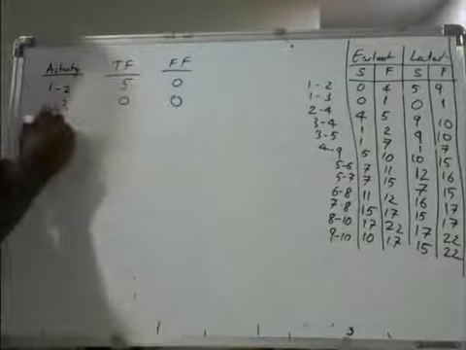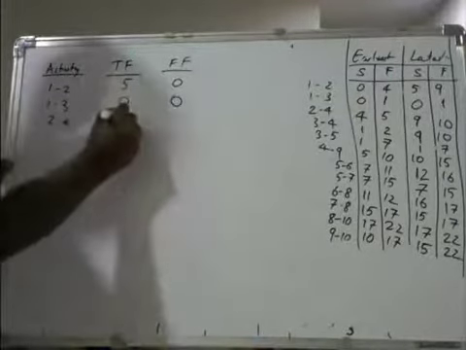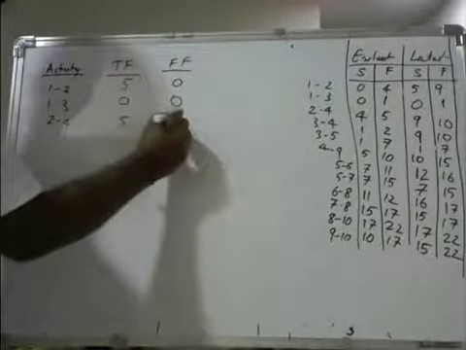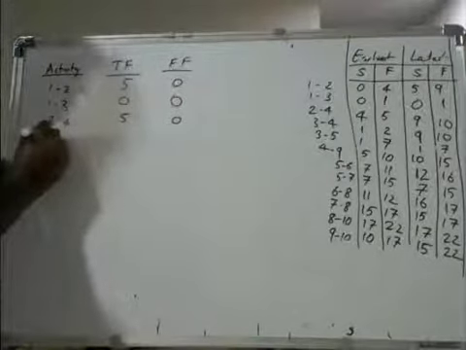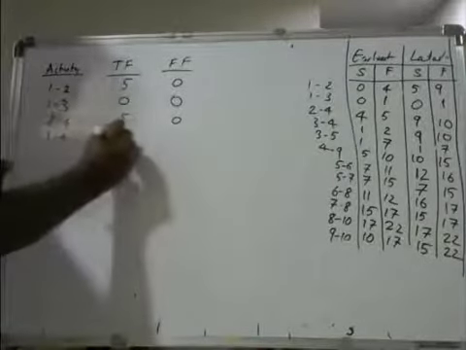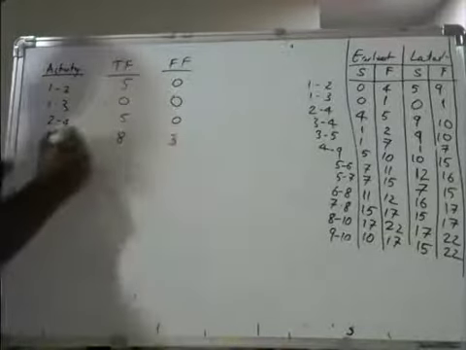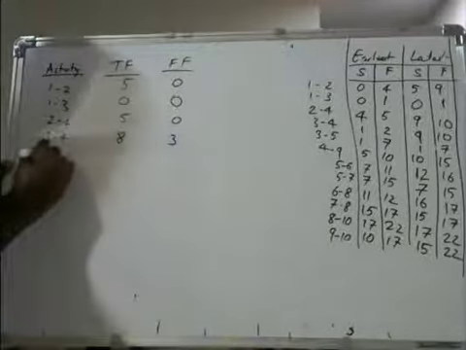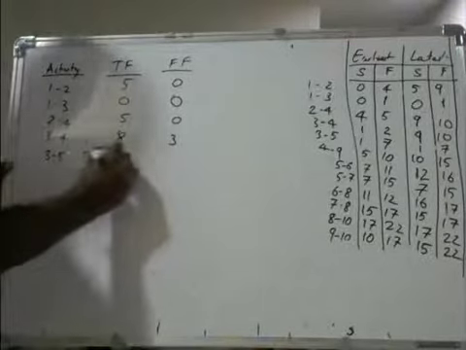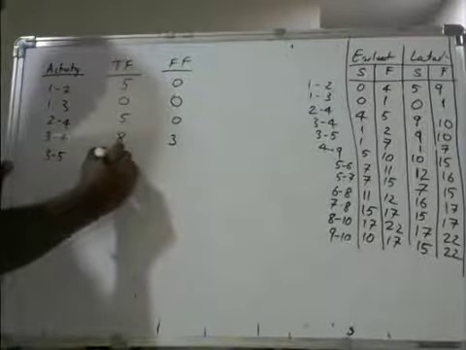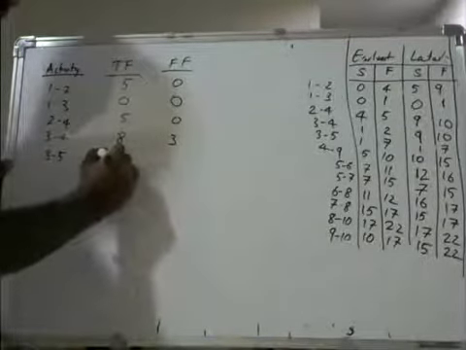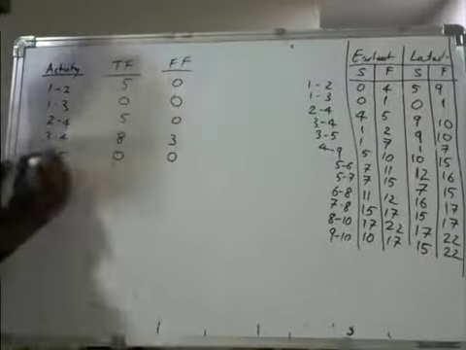So for 2 to 4, total float is 5, free float is 0. From 3 to 4, total float is 8, free float is 3. From 3 to 5, total float is 0 and free float is also 0.